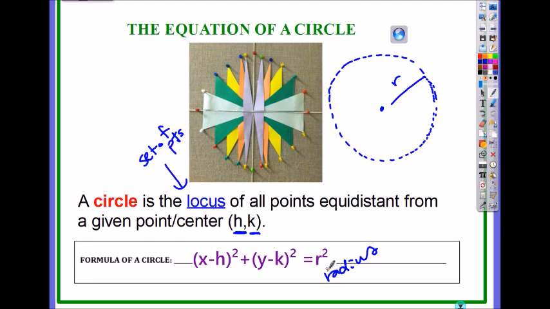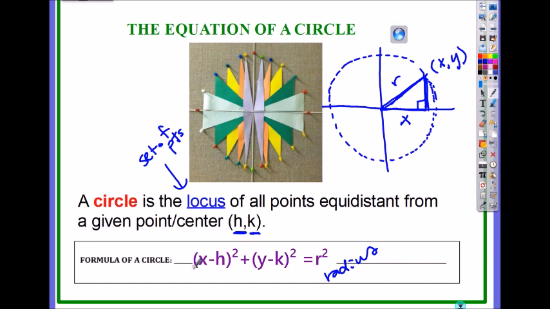So why? If you have this in a coordinate plane, you can draw a triangle. And here, you can put your x comma y, and you can draw a right triangle. You see how this is x squared plus y squared equals radius squared, the Pythagorean theorem.